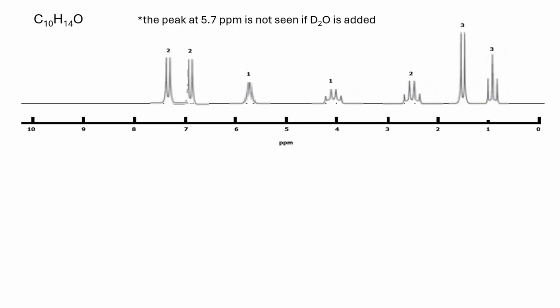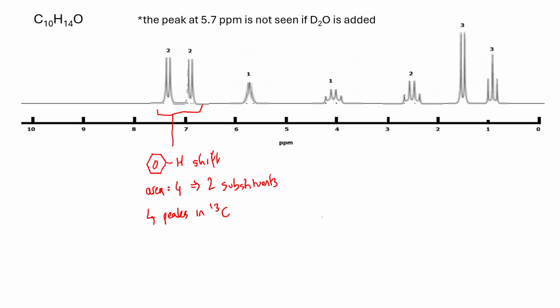So coming back to the proton spectrum, we can now say that we have a benzene ring confirmed by that shift, area of 4 means that we have 2 substituents, and we can add to that information that the 4 peaks in carbon-13 in the aromatic region means that we have a 1,4 arrangement.